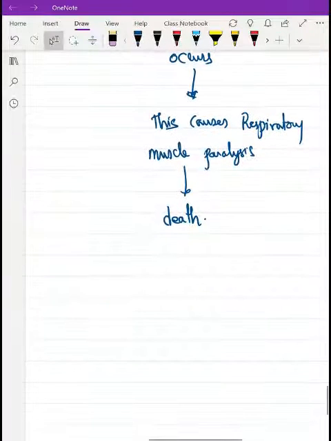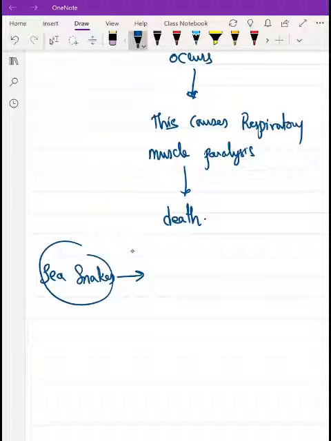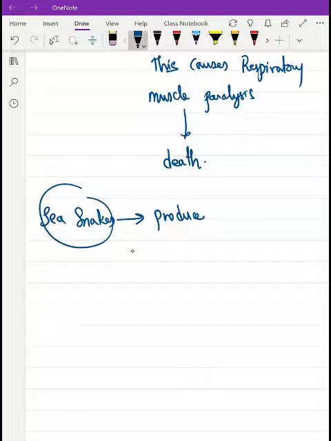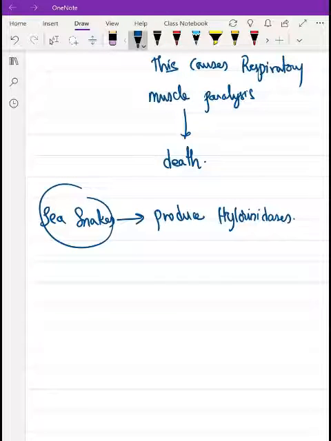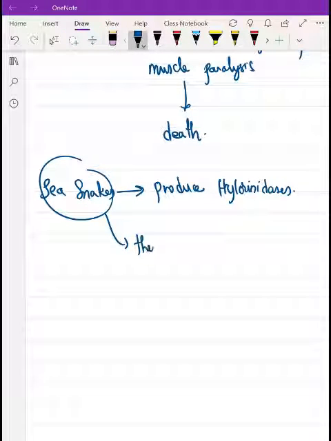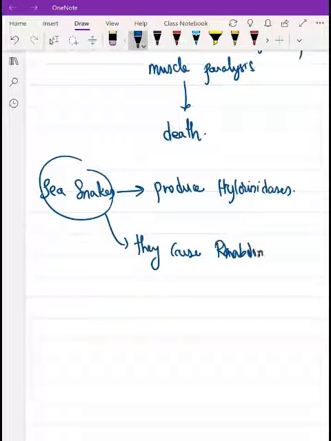Other snakes, like sea snakes, produce hyaluronidases. They cause rhabdomyolysis.